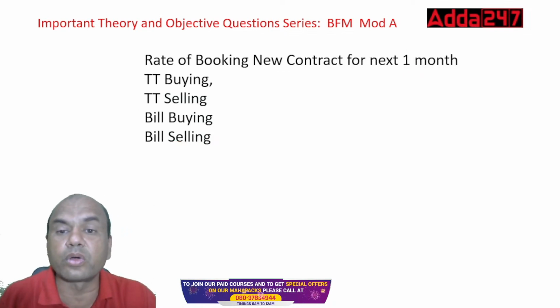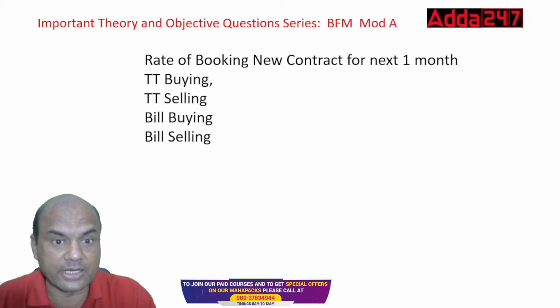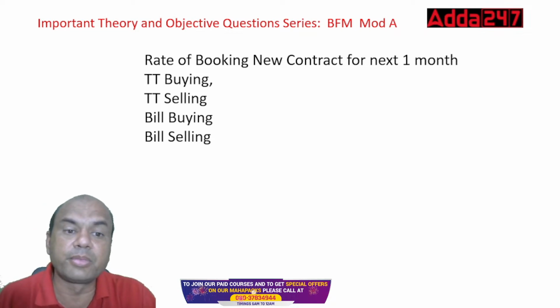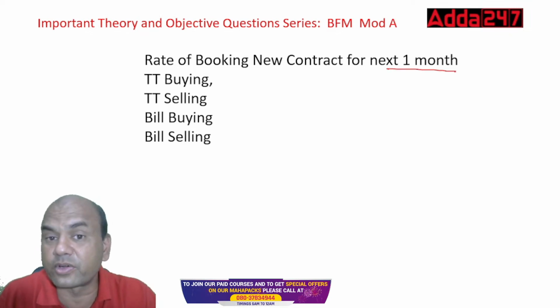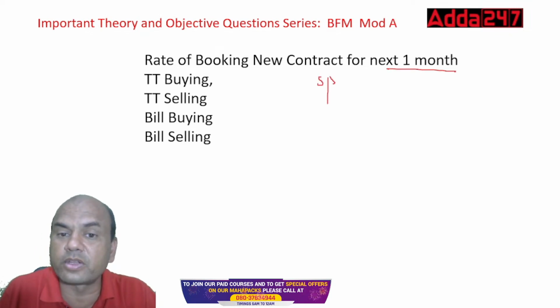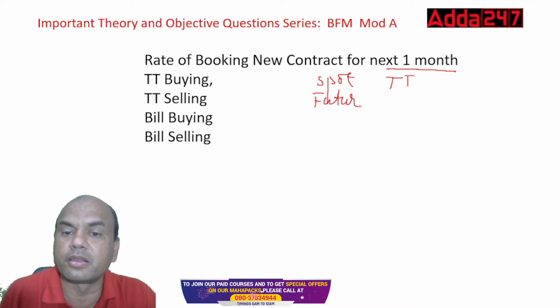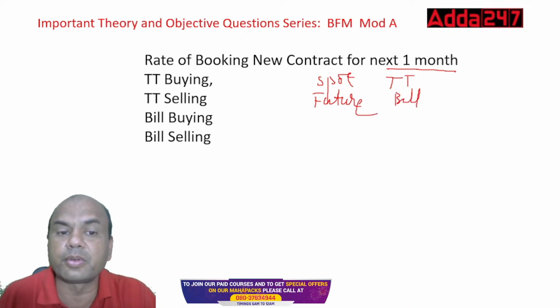Rate of booking a new contract for the next 1 month: TT buying, TT selling, bill buying, bill selling. See here, next 1 month I want. Just now I told you, spot transactions will always be done at TT, whereas future transactions will always be done at bill. So it will be done at a bill rate.